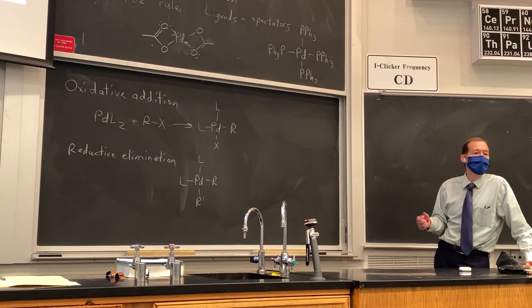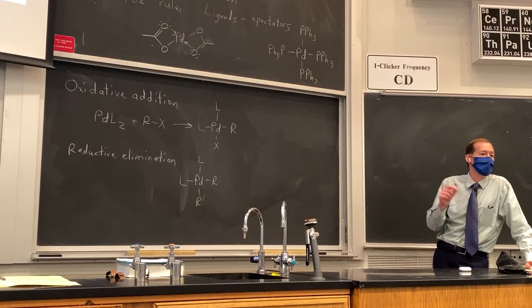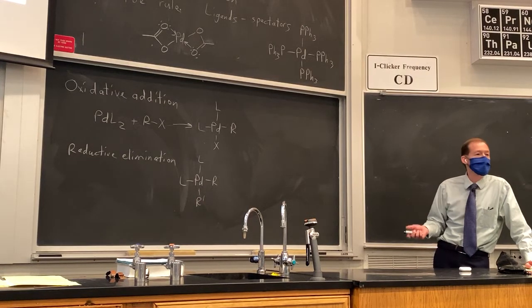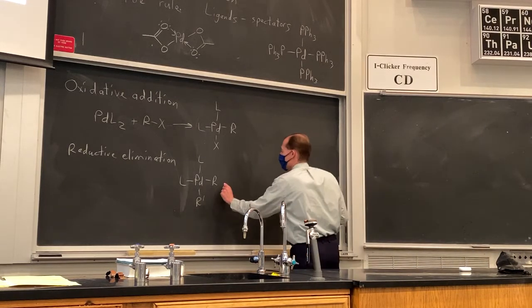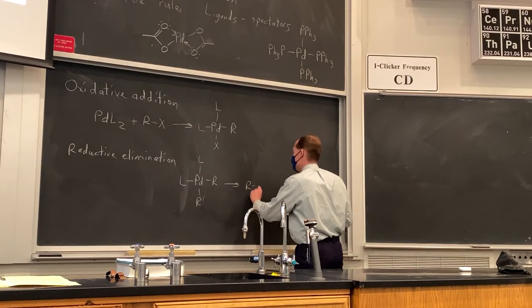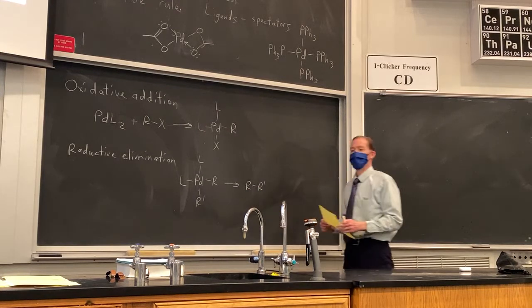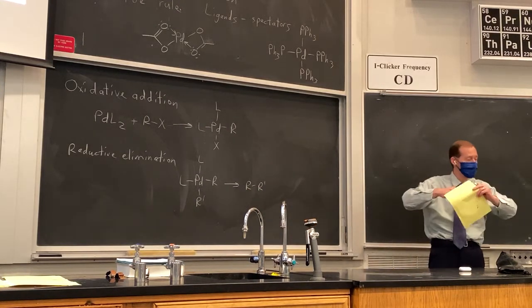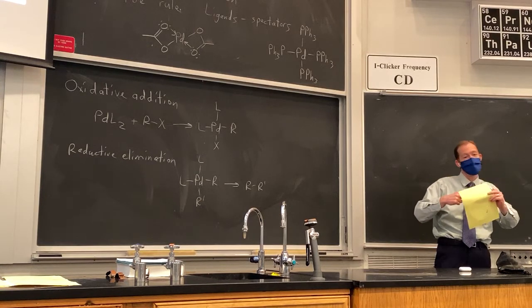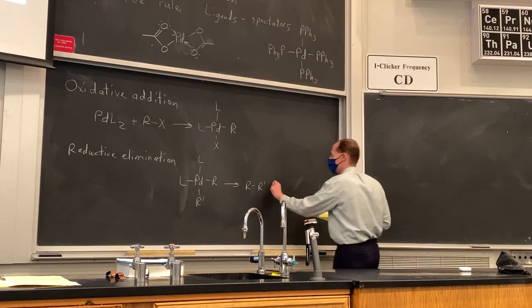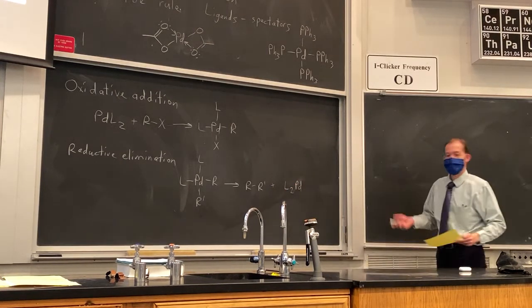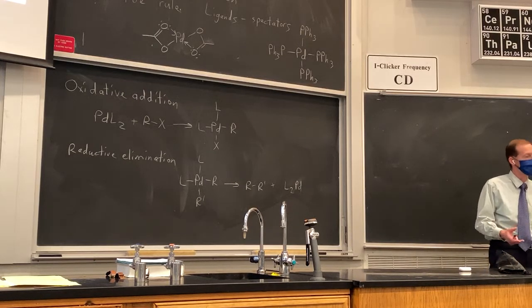But once we get to this point where we have two aryl or vinyl groups, or sometimes one of these is a hydrogen, then what can happen is those groups can come off and be bonded to each other. Right? They come off the palladium and they form a sigma bond, typically a carbon-carbon sigma bond, but in some cases it could be a carbon-hydrogen sigma bond. And then we end up with our 14 electron palladium, which is going to be very reactive, and then be able to participate in other steps.